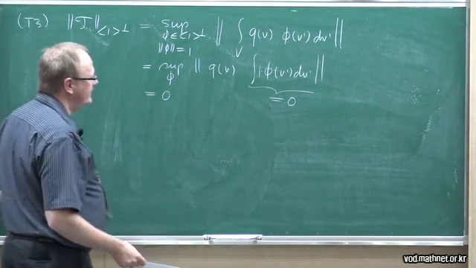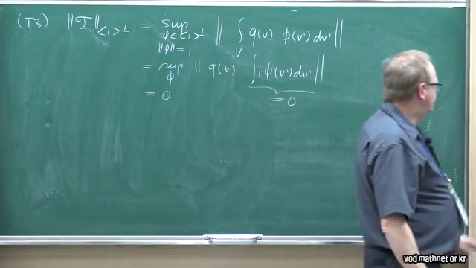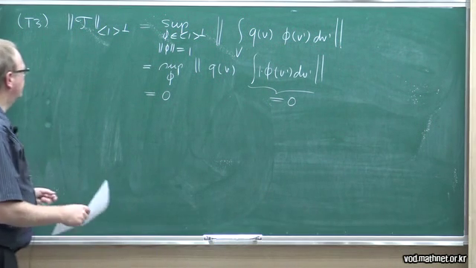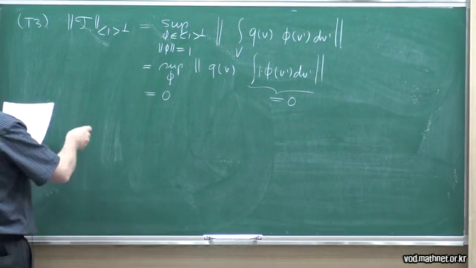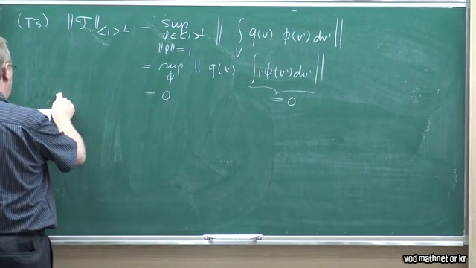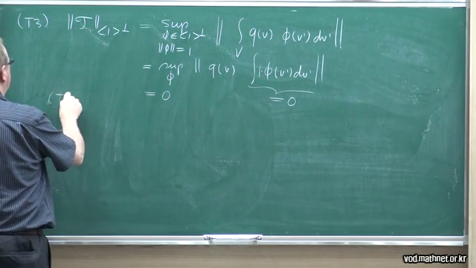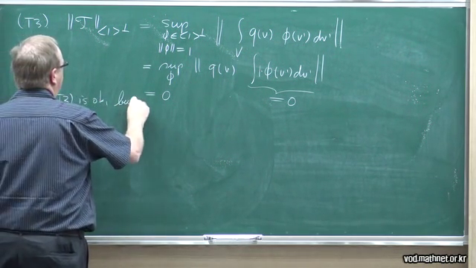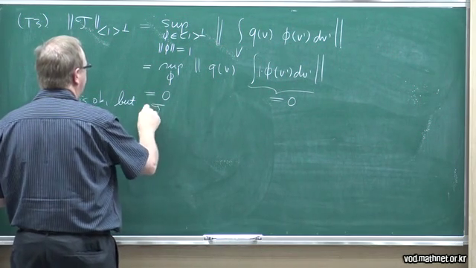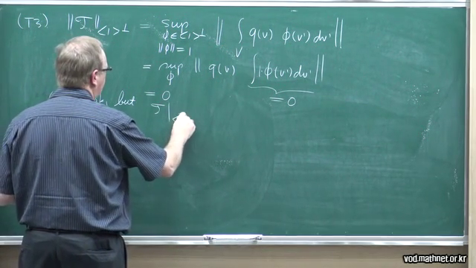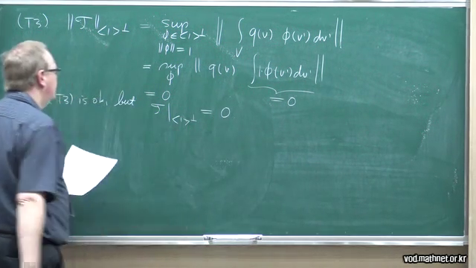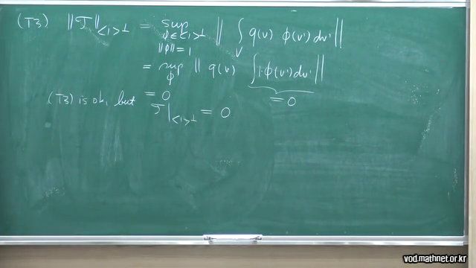It certainly satisfies T3, since 0 is certainly less than 1, but it turns out that this is actually really bad. It's not a good property. So T3 is okay, but T restricted to the space 1 orthogonal is the zero operator, and this will not help us later when we do the limit. So that is problematic.